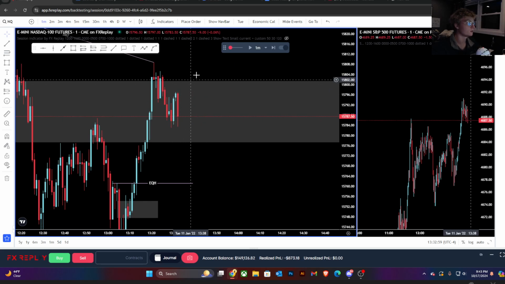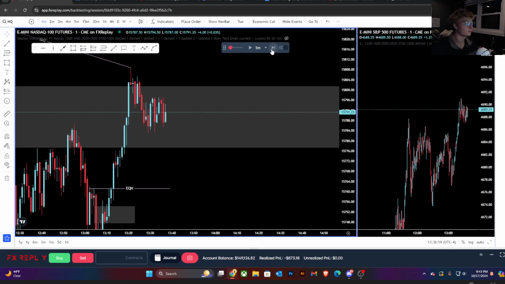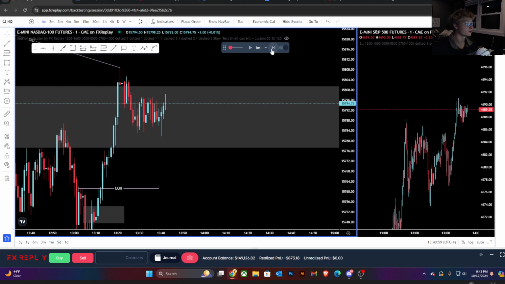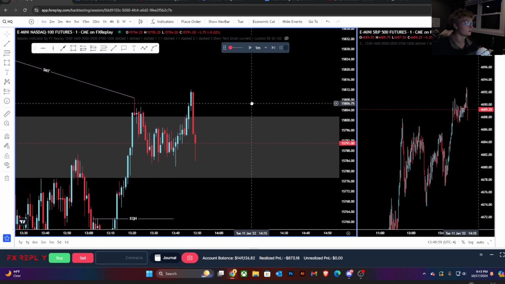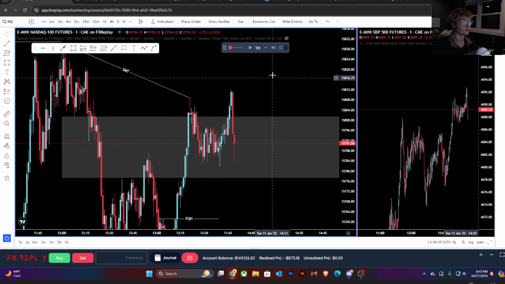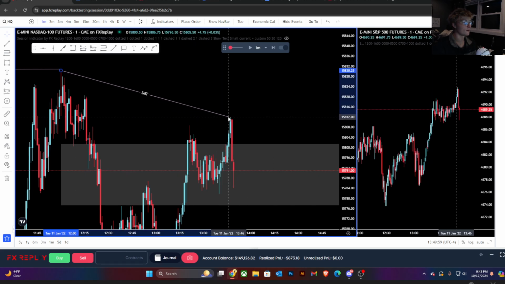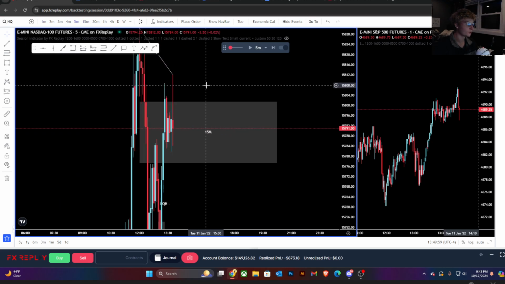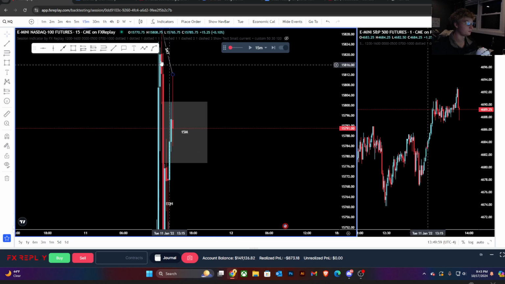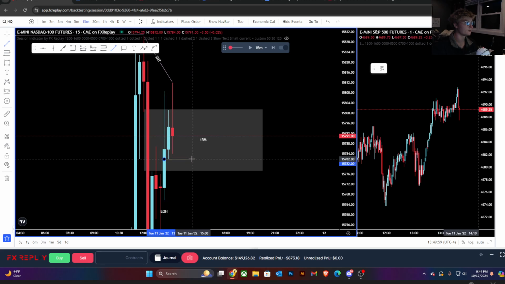Actually, no, we left equal highs. I wonder if this short's gonna play out though. So this is SMT as well. Yo, the short actually looks pretty good. Unfilled 15 minute below.